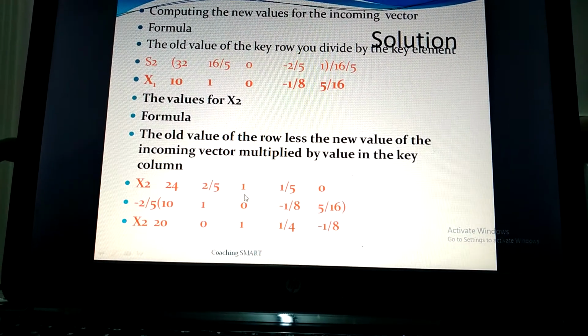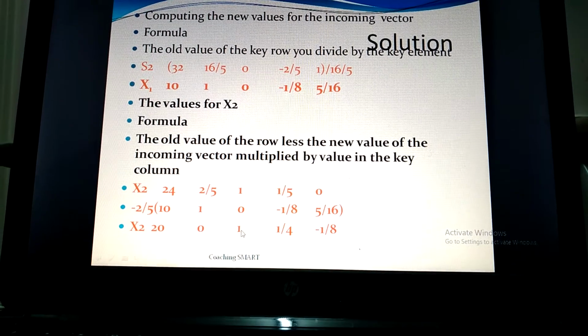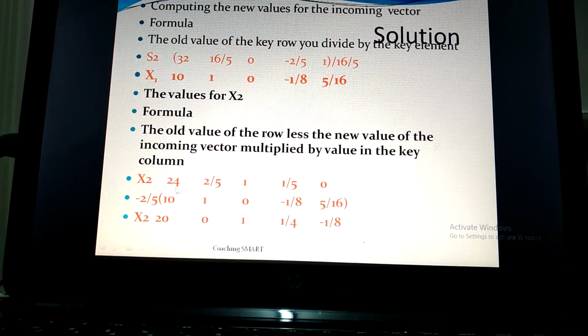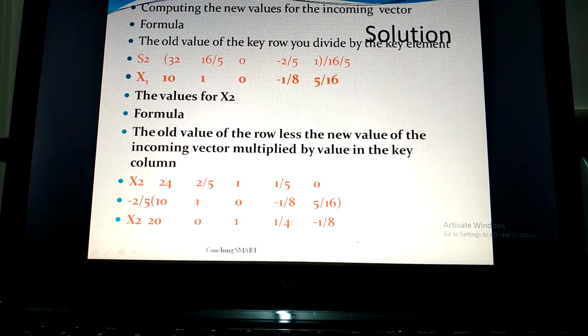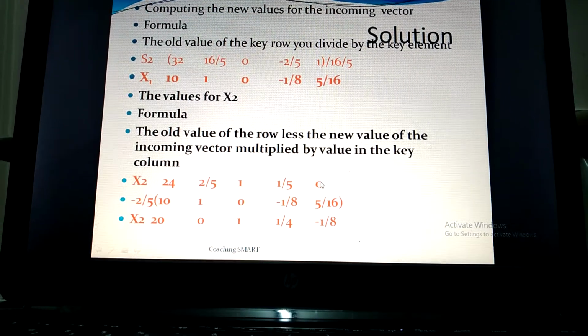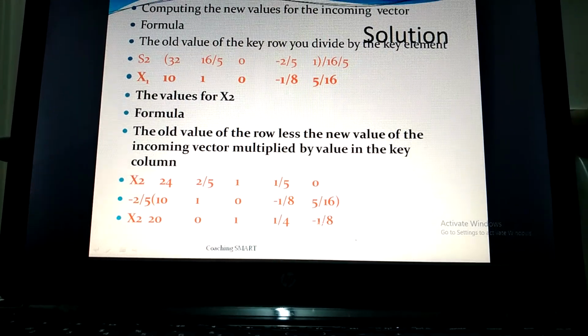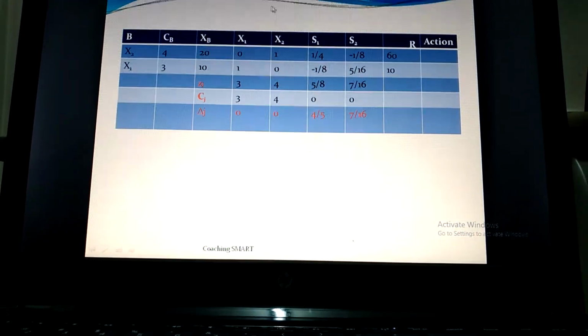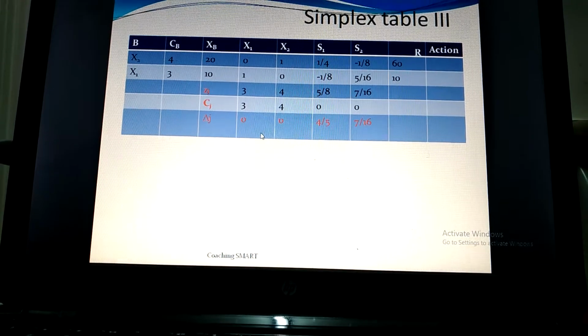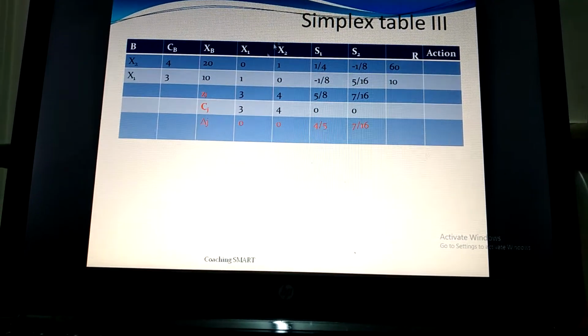Again, 1 minus 0 is 1. Again, you say 1 over 5 minus negative 1 over 8 times 2 over 5, you get 1 over 4. 0 minus 2 over 5 times 5 over 16, it is negative 1 over 8 when you do your calculation. So our new iteration table, simplex table, will have these values.